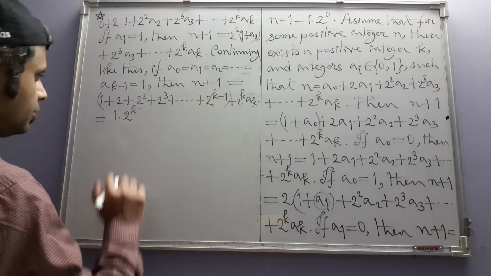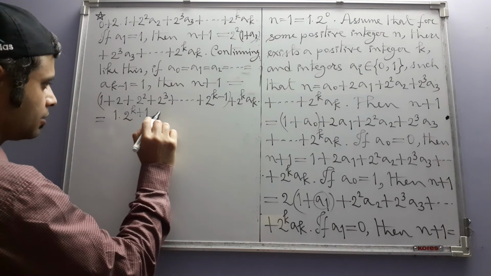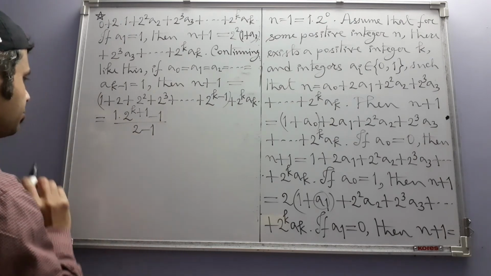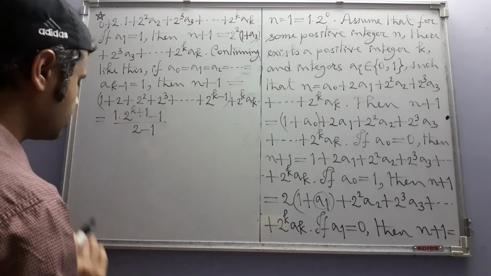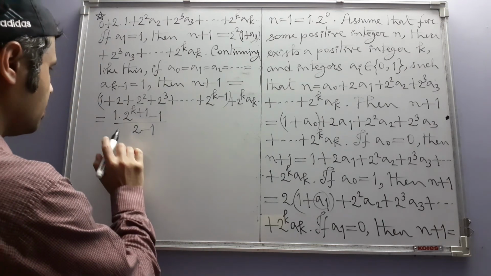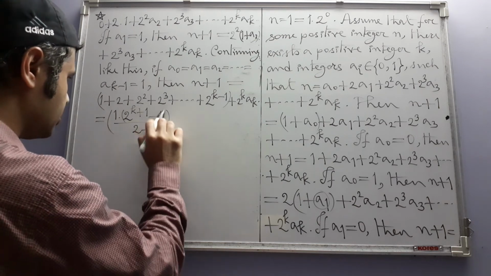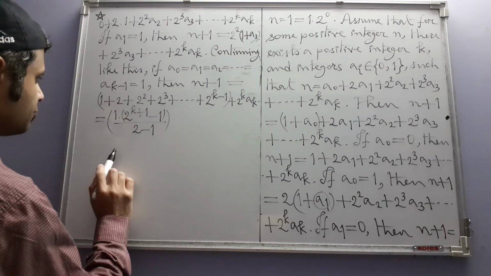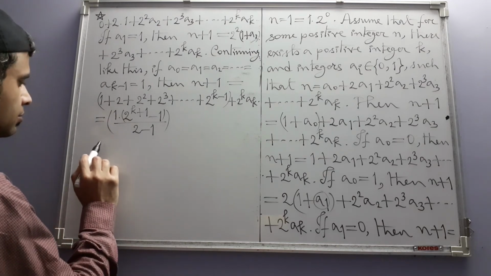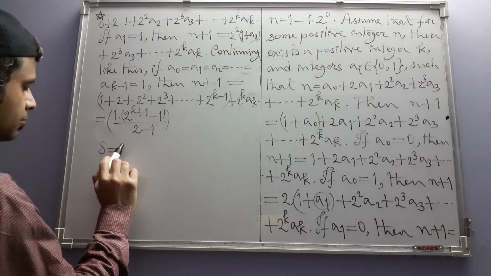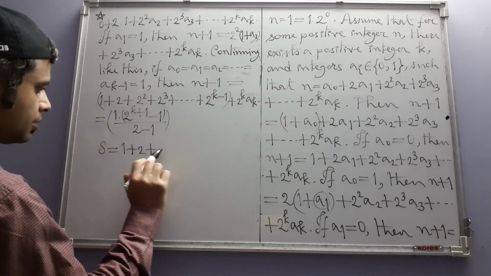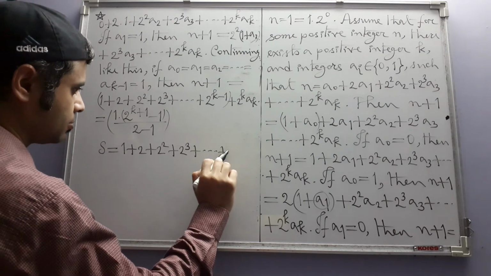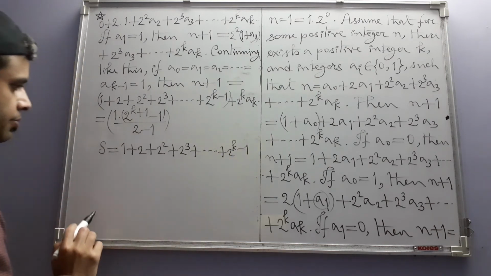K minus 1, k plus 1 minus 1 divided by 2 minus 1, or am I getting it wrong? Let me just see. I don't exactly remember the formula for the sum of the terms of a GP, but no problem, we can quickly figure out the formula from this small calculation.